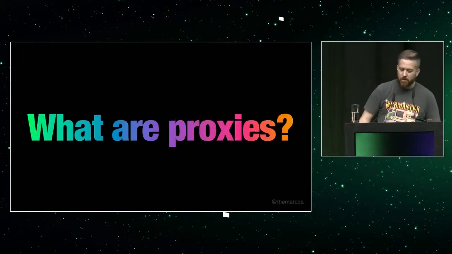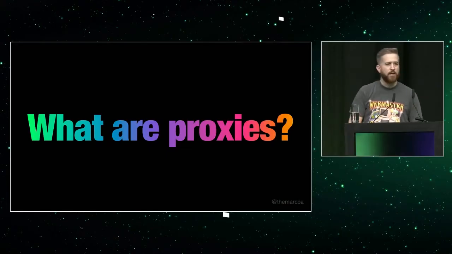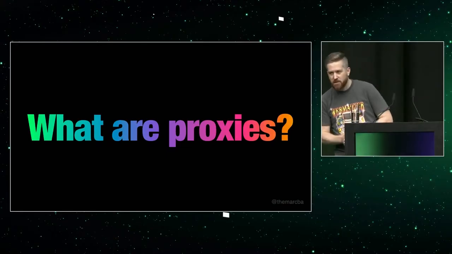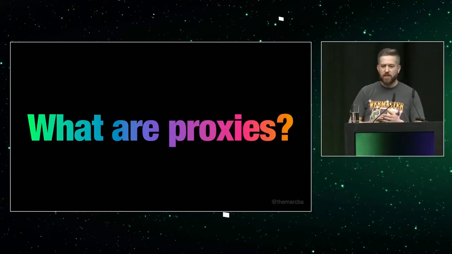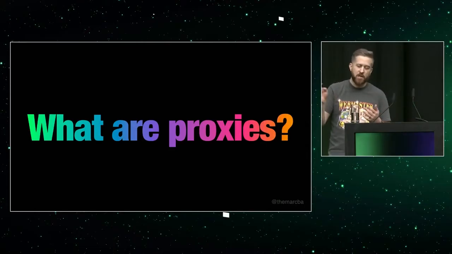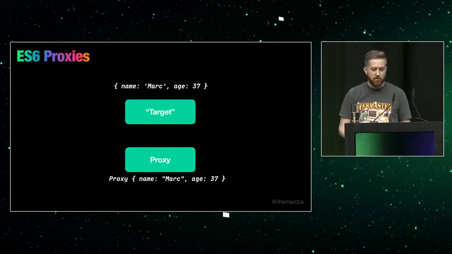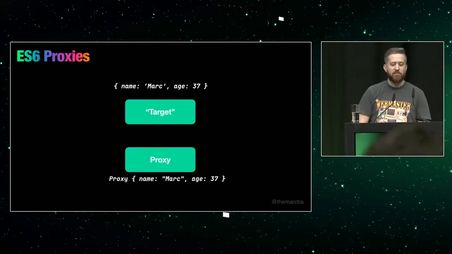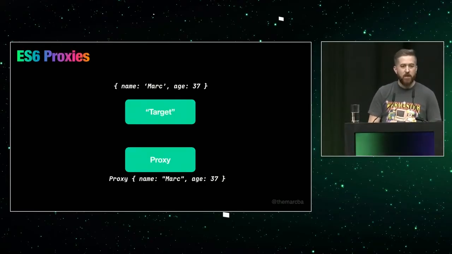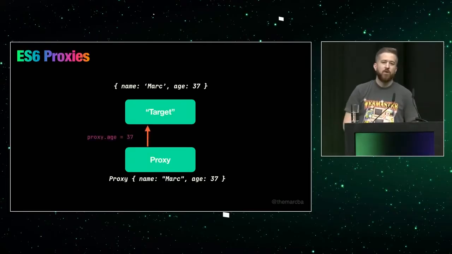All right, so what are proxies? You probably know network proxies or internet proxies, proxy servers, where you don't immediately send the request from your computer to a server, but it goes through a proxy server, which can block some requests, which can do some stuff with your request. And that's basically what a JavaScript proxy also does. So here on the bottom, we have the proxy, and when we query something or we use this proxy, it actually requests this.